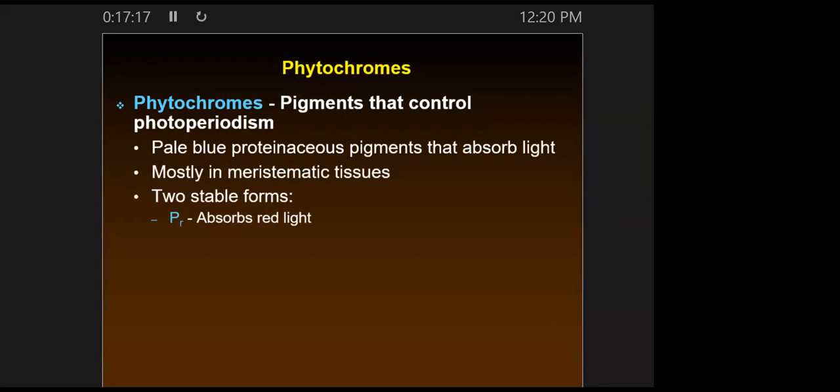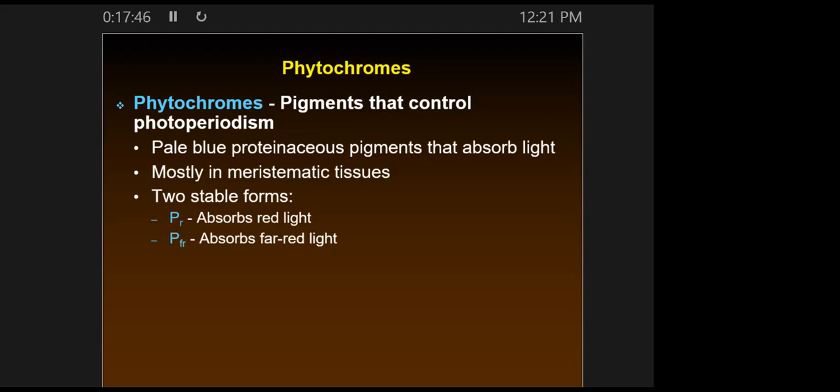And when this form of the pigment absorbs red light, it will actually physically shift its shape and become what they call the PFR form. Once it shifts its shape, they start calling it the PFR form, because if you hit that pigment with far red light, it will change its shape back into the PR form.